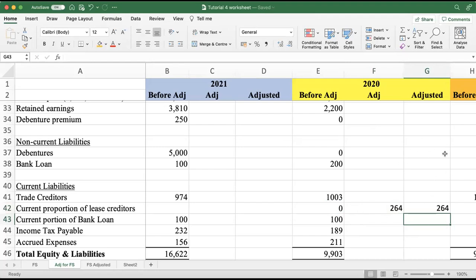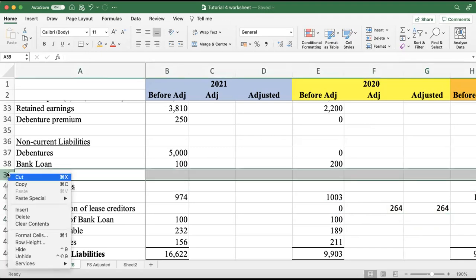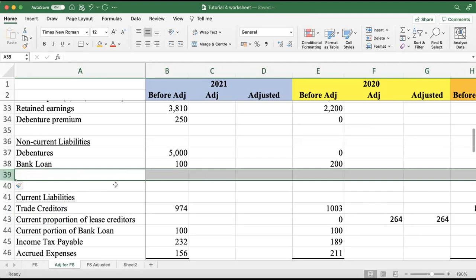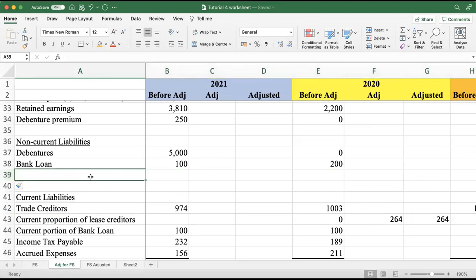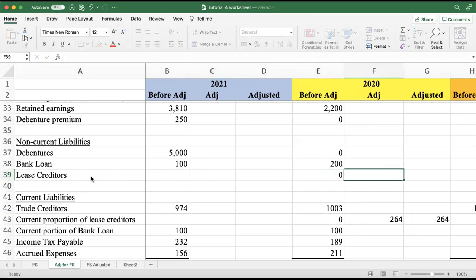Then the balance is non-current liability. Under non-current liabilities, you can add another row. You can say lease creditors. Amount before adjustment 0.